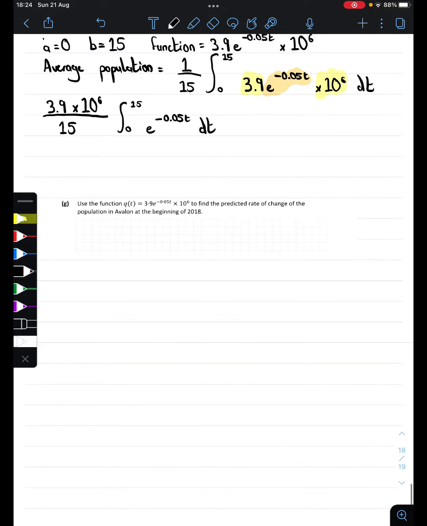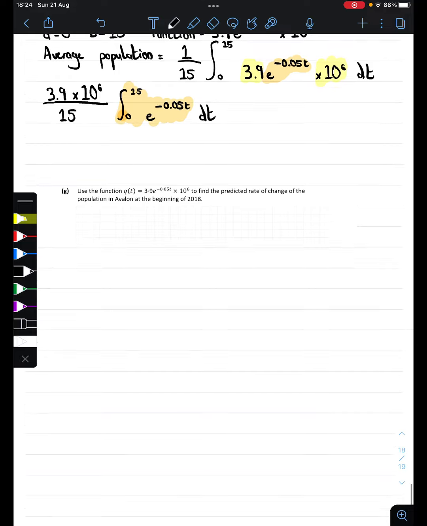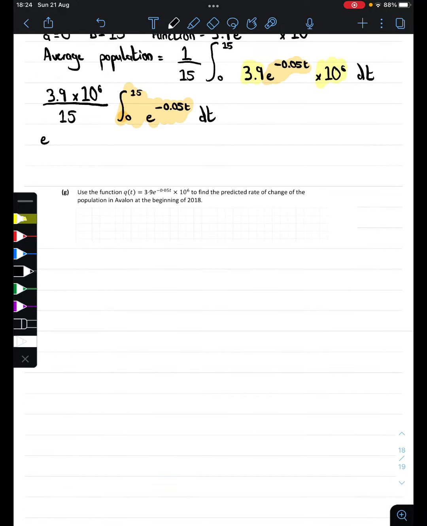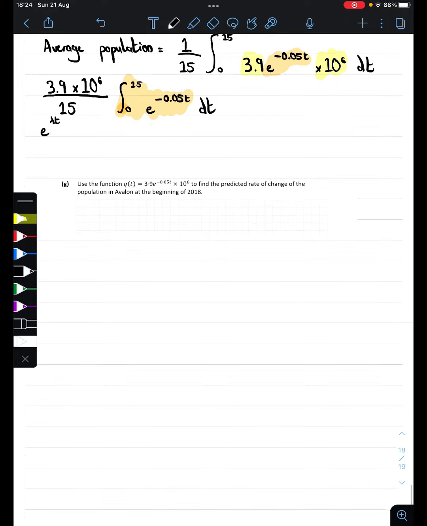Okay, and now what is this integral? Well, the integral of e to the lambda t, so e to some constant by t, is just 1 over that constant, e to the lambda t.